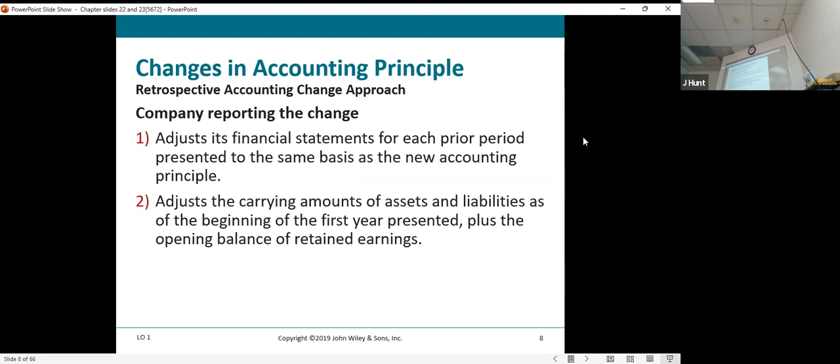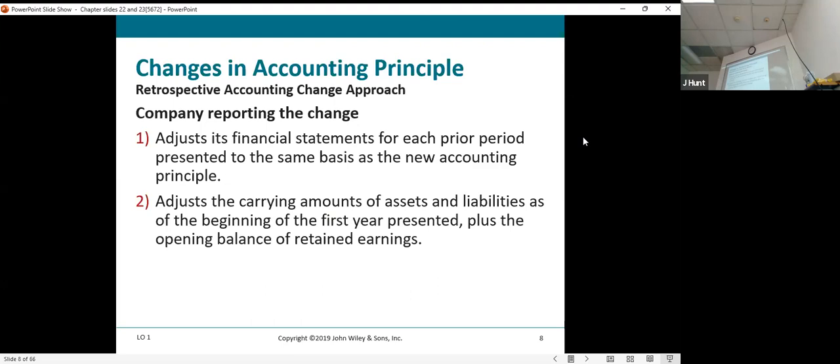So you adjust the financial statements for each prior period presented to the same basis. So that's a lot. Also, you adjust the carrying amounts of assets and liabilities and the opening retained earnings. So that's significant that you have to go back.